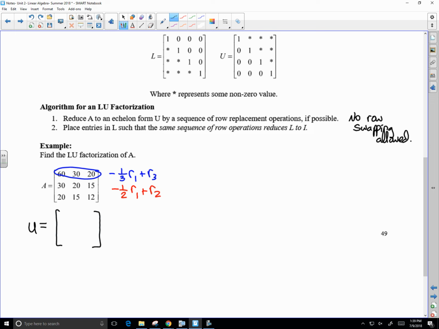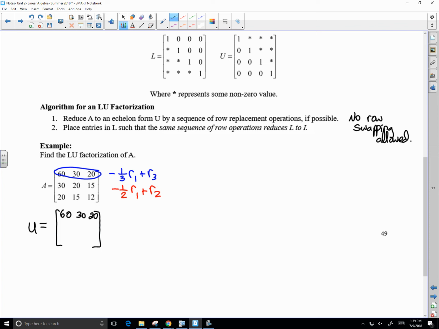So 60, 30, 20 staying put. It doesn't matter which order I do it. I wrote the blue one first, so I'll do the blue one first. So negative 1/3 of R1, so negative 20.